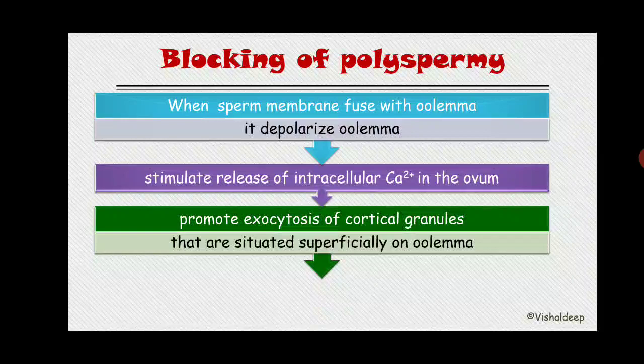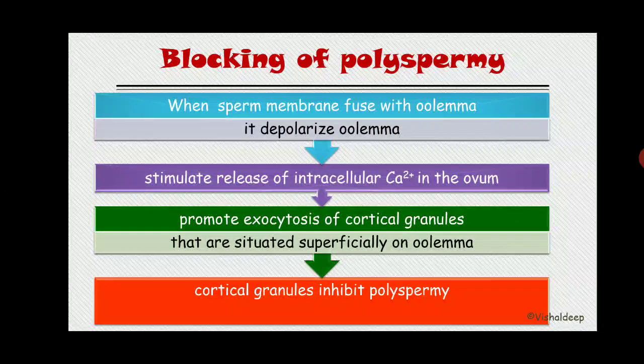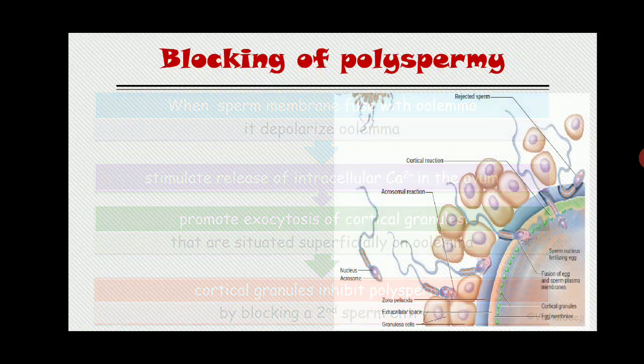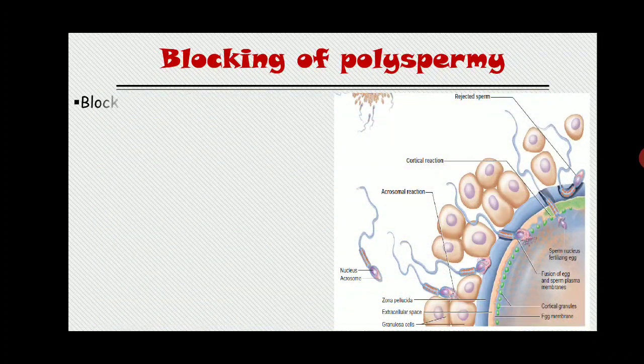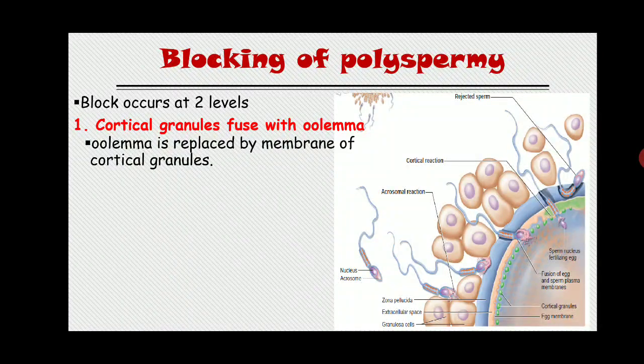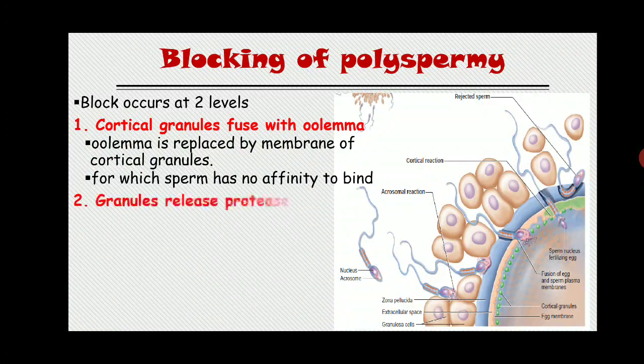And those cortical granules will inhibit polyspermy by a mechanical barrier, and by that it blocks the second sperm entry. Now the second thing, the block occurs at two levels. First level we already discussed: the cortical granules will fuse with the oolemma, and the oolemma, the oocyte membrane, is actually replaced by the cortical granules, so the sperm has no affinity to bind with the oolemma, right?